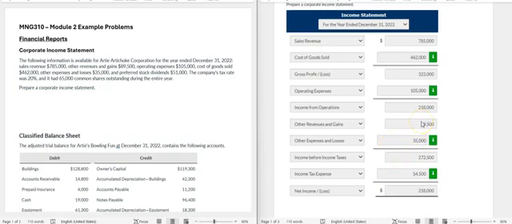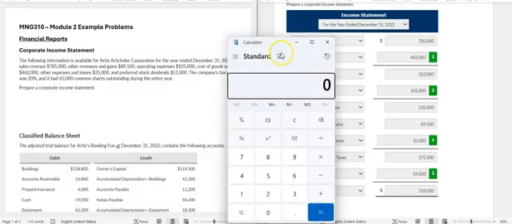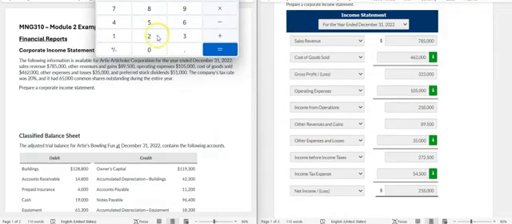So if we add the other revenues and gains, and subtract the other expenses and losses from our income from operations, we calculate a total net income for the company. Then we subtract the income tax expense, which is 20%, simply multiplying 20% times the amount of income of 272.5.